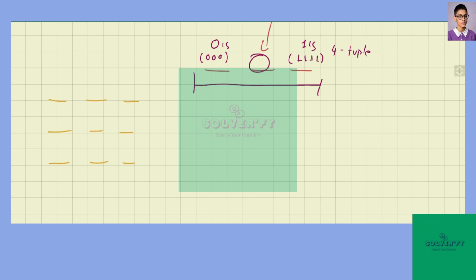The zeros can be first, and then the ones, and then we have this free position. Also, the zeros can be first, and the ones can be at the last position, and I'm going to label with F the element of free choice.